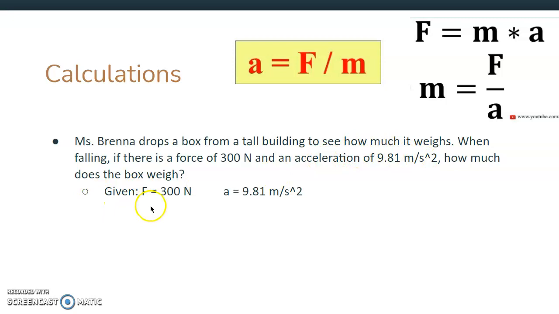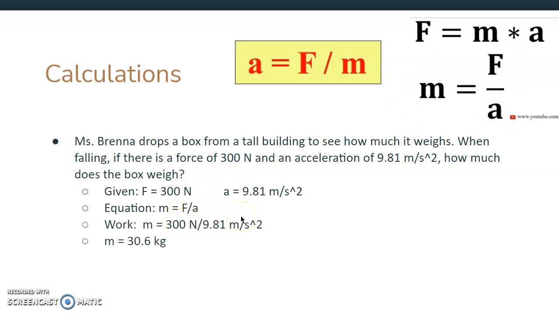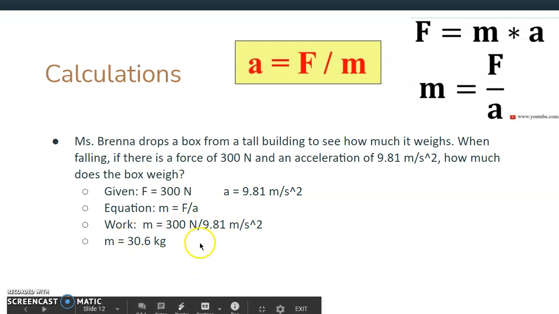So we're going to write down our givens, our variables. Force is 3,000, acceleration is 9.8. And then we're looking for how much it weighs. We're given an F and an a, and we're looking for how much it weighs, so we're going to use this equation. And then, again, it's as simple as plugging them in. So we're going to say 3,000 divided by 9.8 is 30.6 kilograms. So our box weighed 30.6 kilograms.